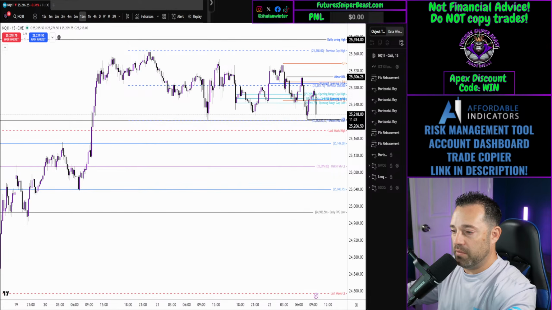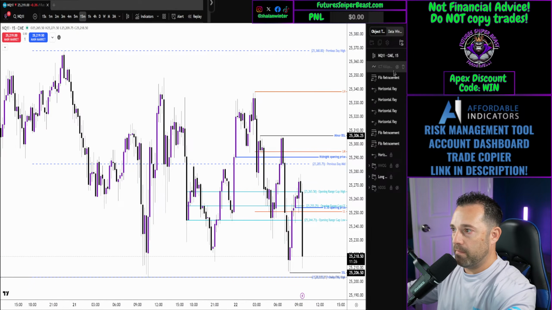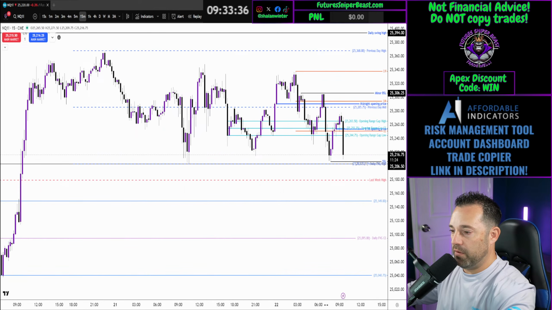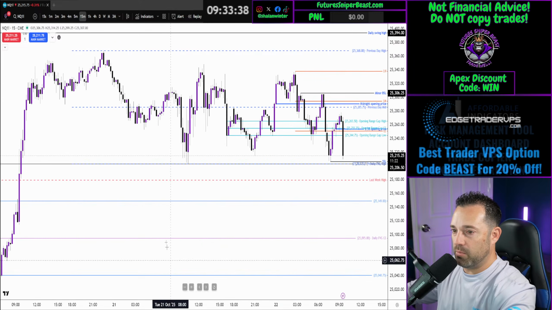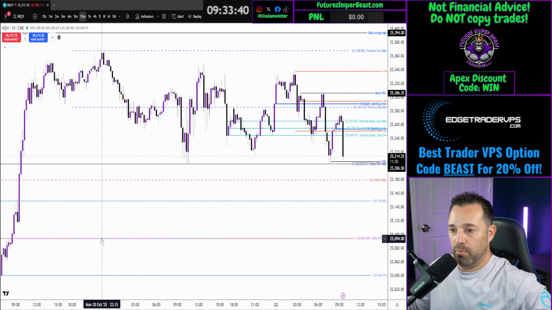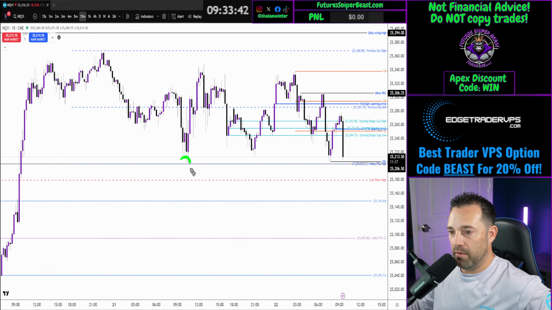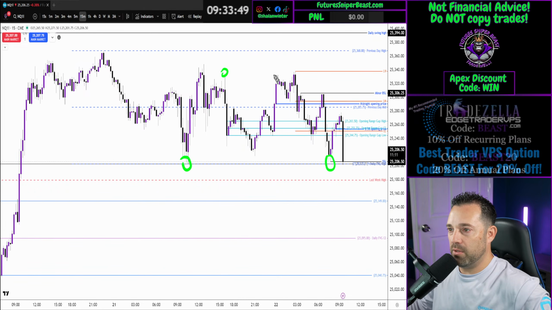If we drop down to the 15-minute, this is where I was looking at. Pretty obvious to me. We have this low, and then we came down and made a relative equal low there. And then we had these relative equal highs here.